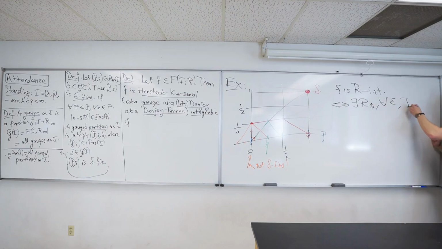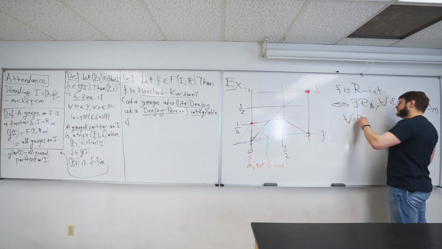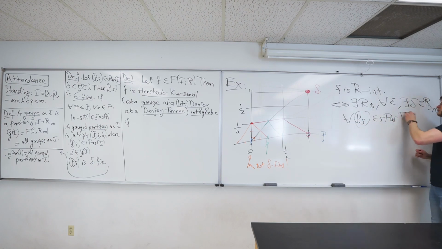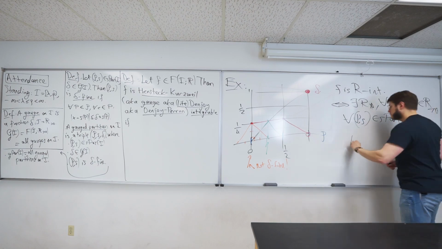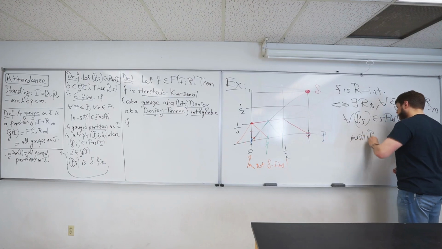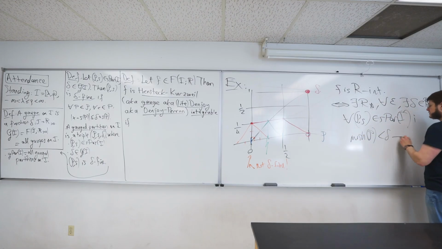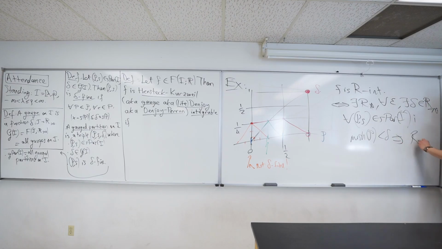For any epsilon, there is a delta, it's a constant, it's a number, such that for any P_S in S bar, if the mesh of P is bounded by delta, that implies that the associated Riemann sum is within an epsilon of the target integral.